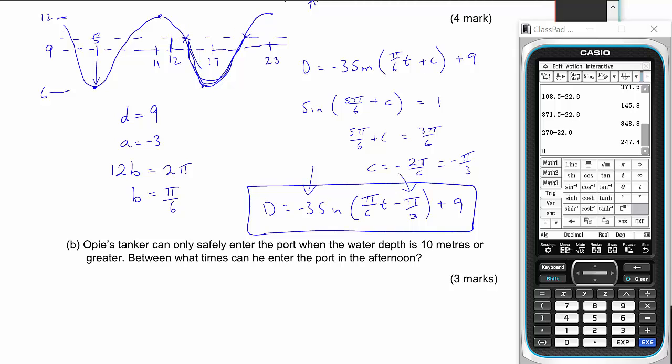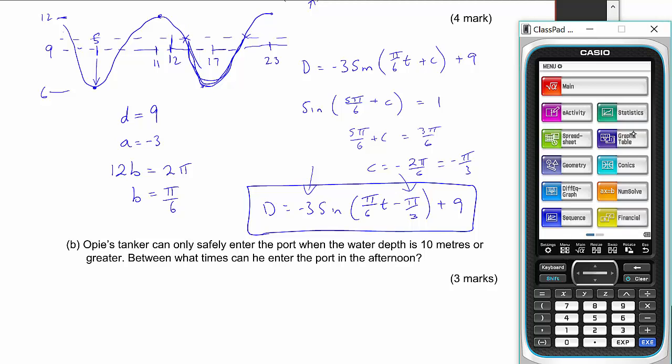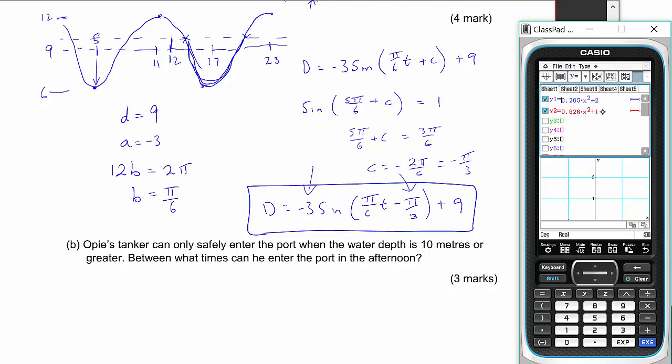So the way to do this one is to go to graph and table and clear out everything we've got. Of course we do need to be in radians here. So what have we got?